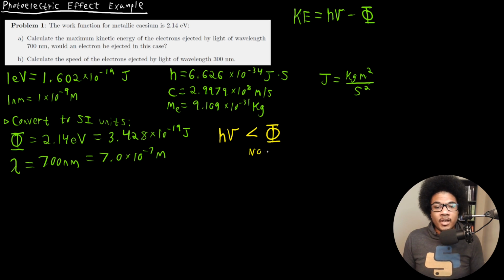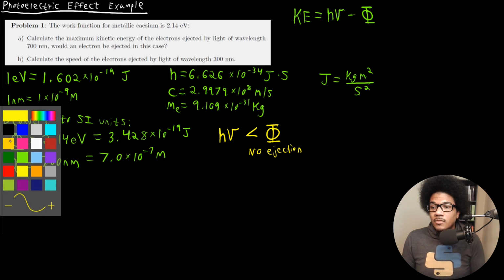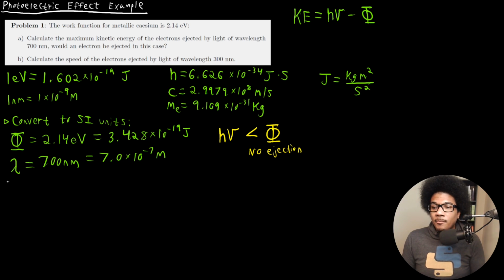There will be no ejection. So what we need to do here is calculate h nu and then compare it to the work function, to first see if a photoelectron will be ejected at all. So let's do that. We want to calculate the photon energy.